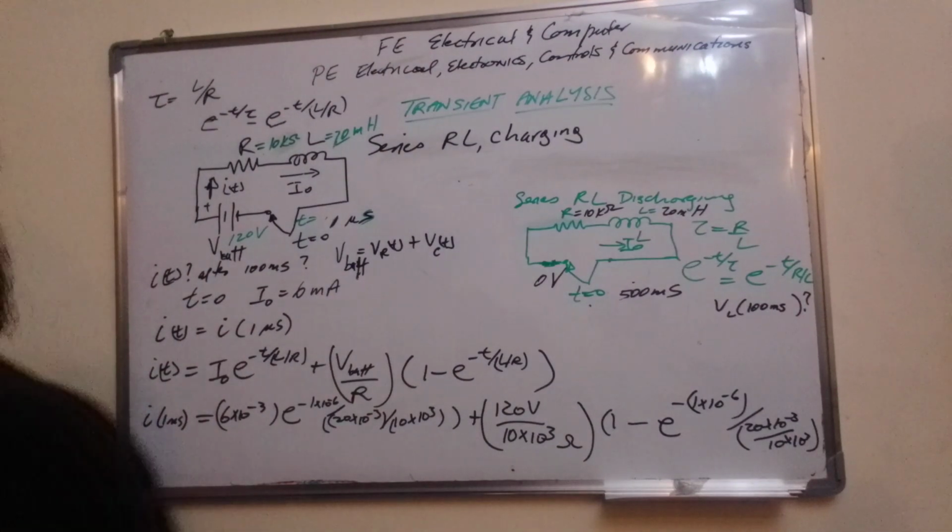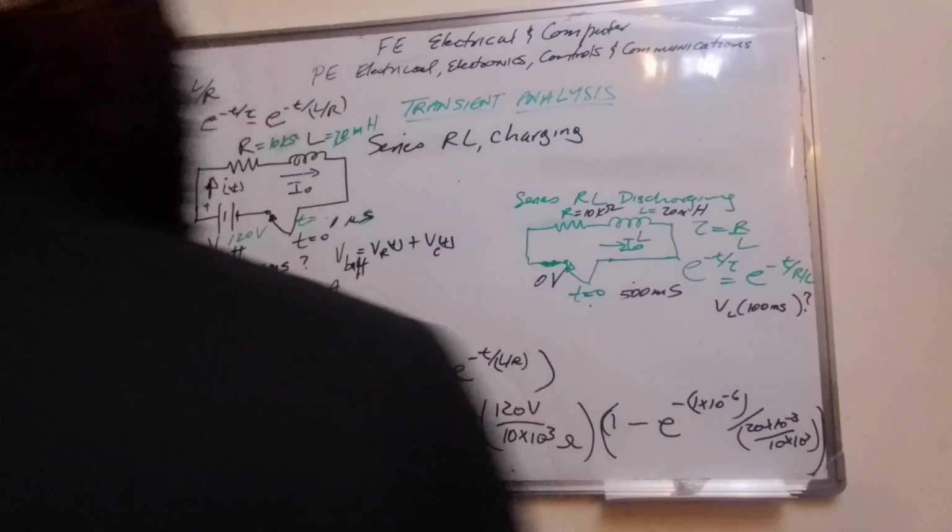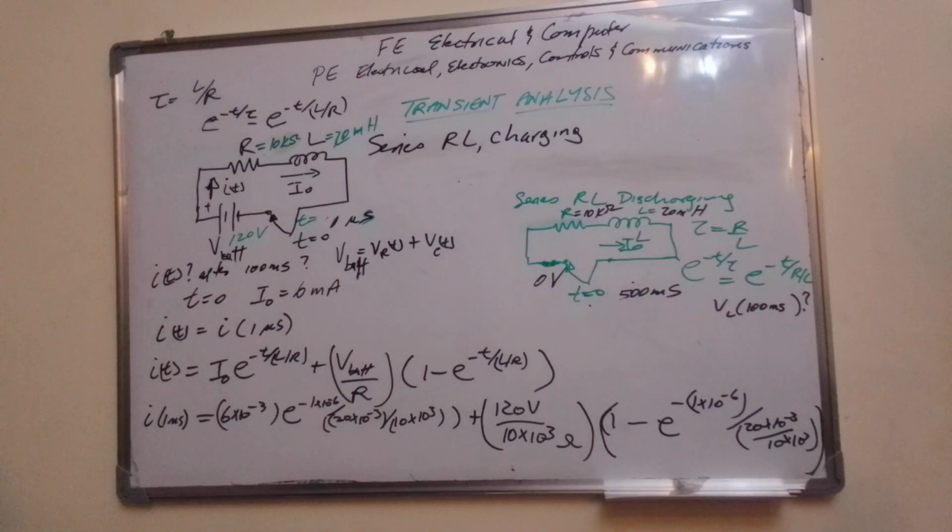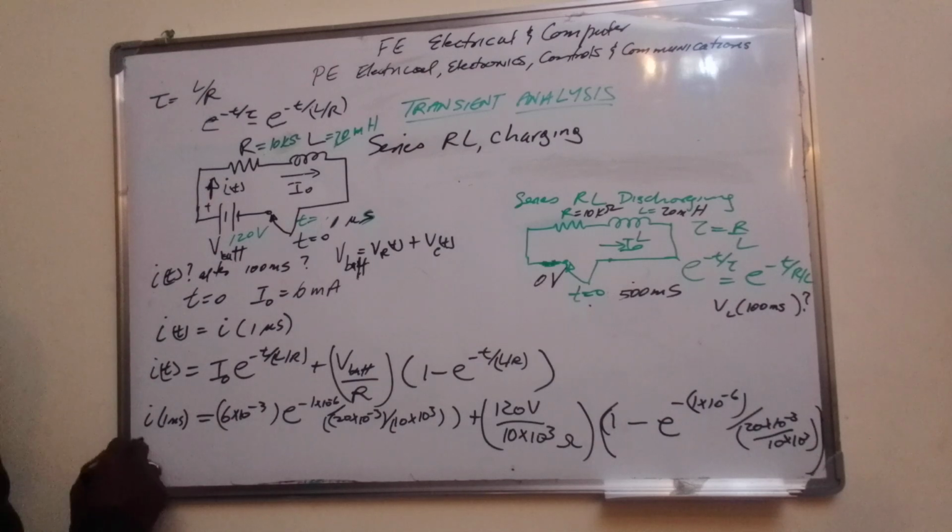Now you have to work all this out to determine what I is going to be. So let's break it down further here. I at 1 microsecond, my apologies, 1 microsecond.